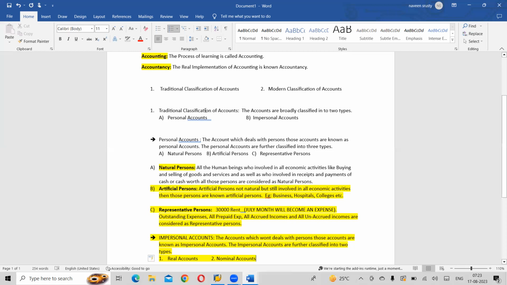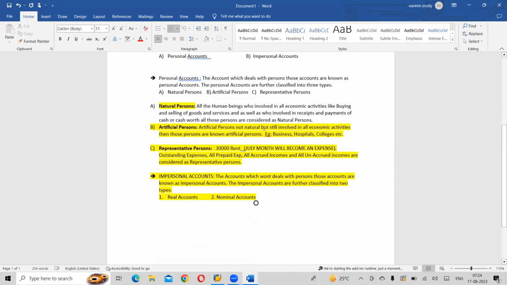Clear? So as per this, personal accounts, the accounts which deal with persons, are classified into three different types: natural persons, artificial persons, and representative persons. And same time, impersonal accounts, which means that which won't deal with persons, are further classified into two types. What are they? Real accounts and nominal accounts.